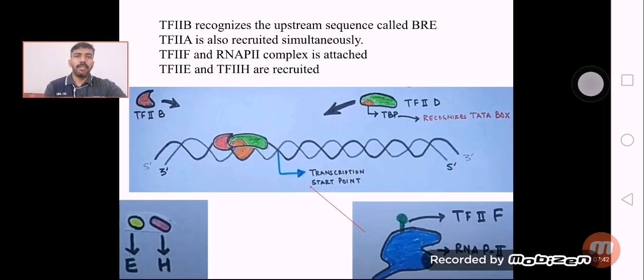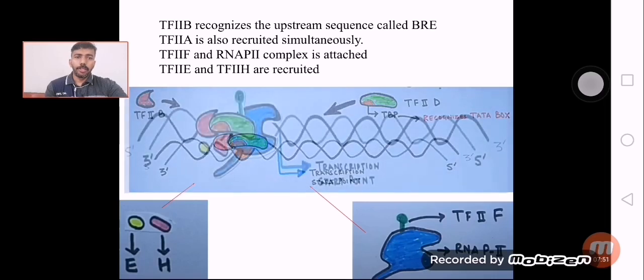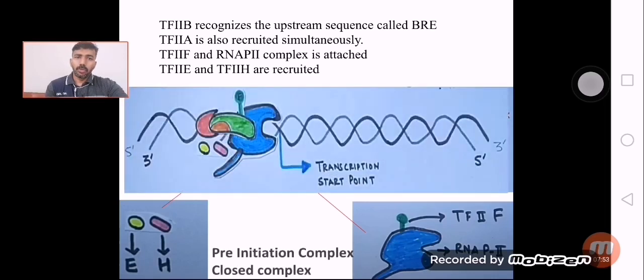So these are the events happening during the complex formation of initiation, the pre-initiation complex, which is otherwise also called the closed complex, right? This will essentially cover the +1 site, that means the site where the transcription begins.